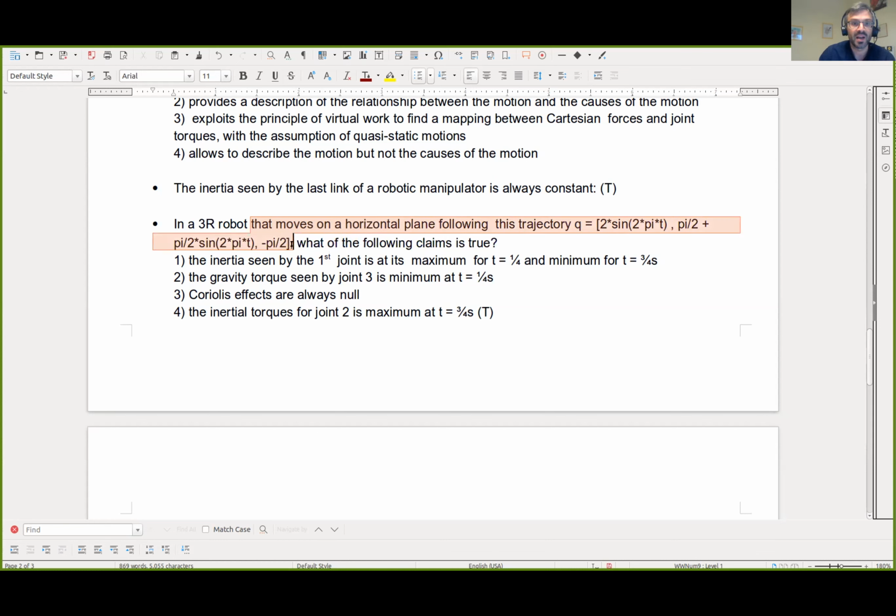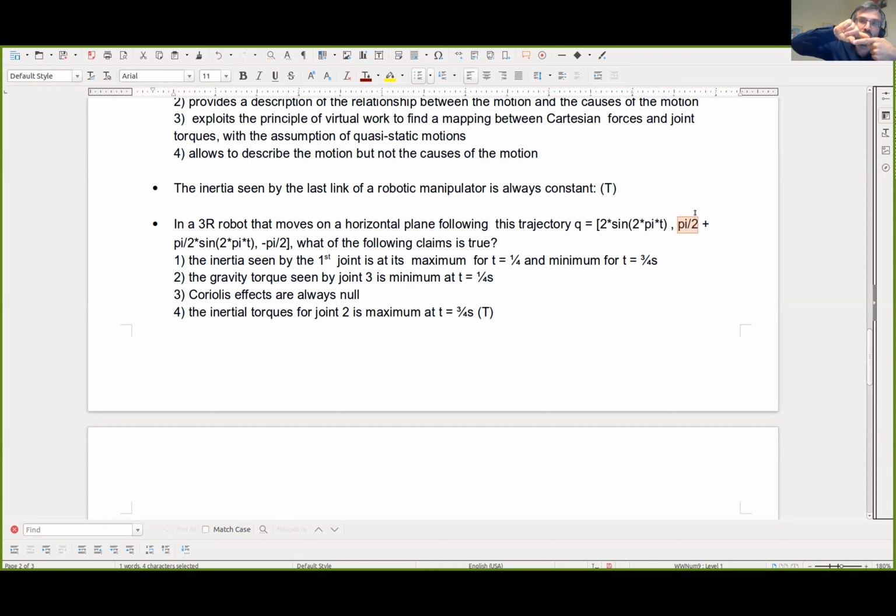In this case, I suggest you plot the robot. And you see that the first joint is just oscillating with a sinusoid. And the second joint is moving from the 90-degree configuration.